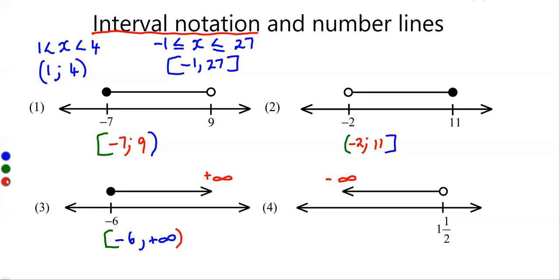Now here, we are starting with negative infinity, so negative infinity here. Again we put a normal bracket here. When we are given something like this, we know that it's 1 and 1/2. But how do we represent the bracket? It's also a normal bracket, because it's not including the value here.